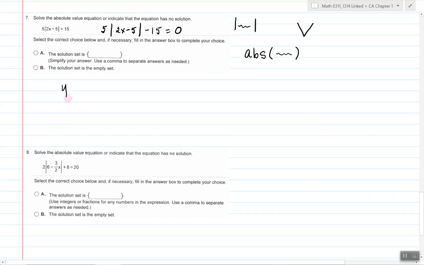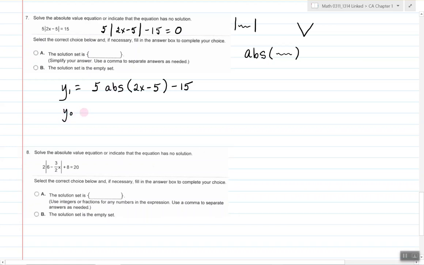When I type this into the calculator, y1 will be 5 ABS, open parentheses, 2x minus 5, close parentheses, minus 15. And yes, I'm going to show you where to get this.